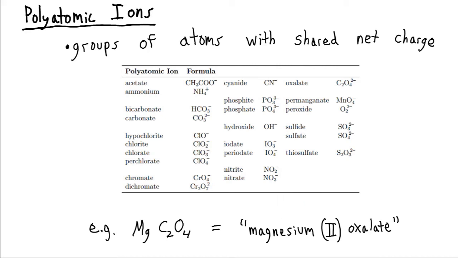We name the anion second. In this case, we don't need to change the suffix. It already has a suffix built in this chart here. Note that it's not always "-ide". Frequently, our oxygen compounds have "-ate" in them. And then, just as usual, we give the charge on the cation, which is +2.